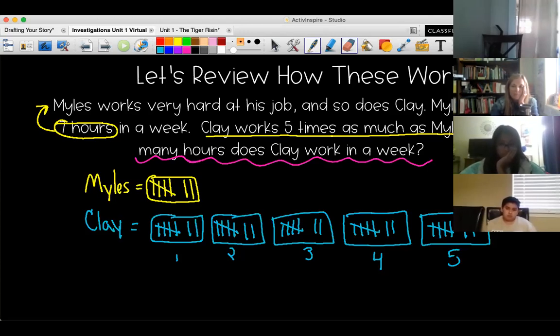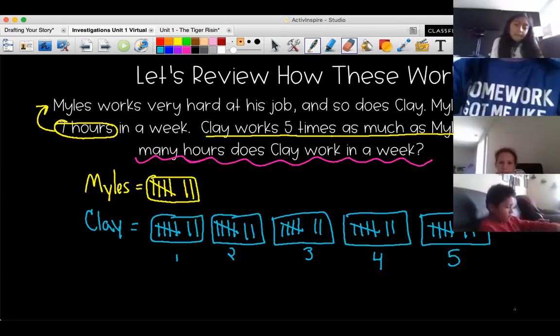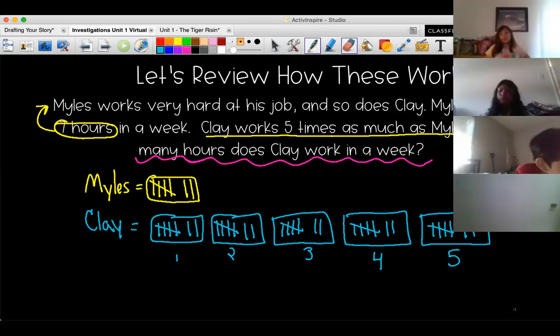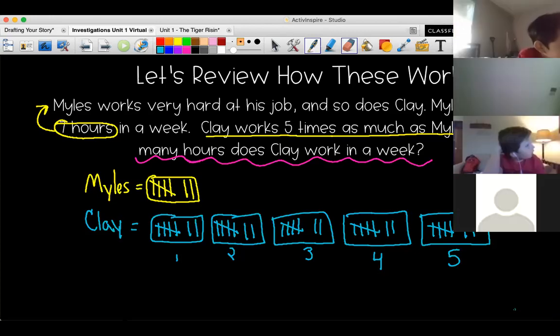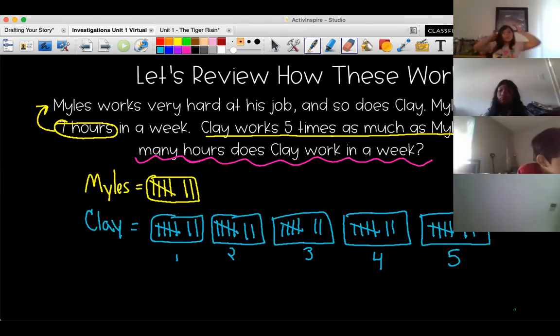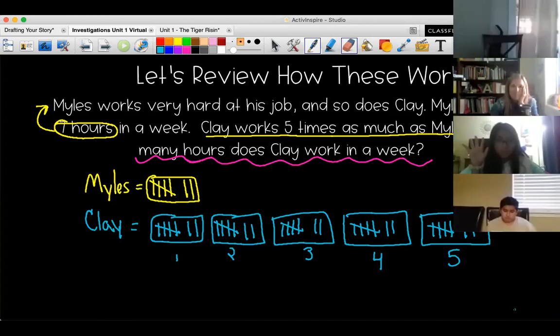So now what is an equation that we could use to represent the answer to our problem? Somebody I've not heard from. Cynthia, what would be our multiplication equation for this problem? 5 times 7. 5 groups times 7 in each group equals what?